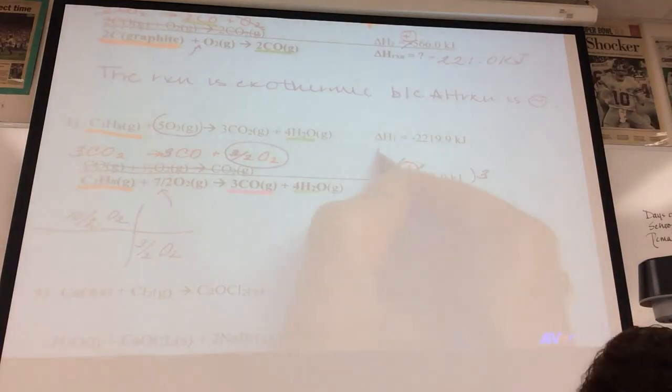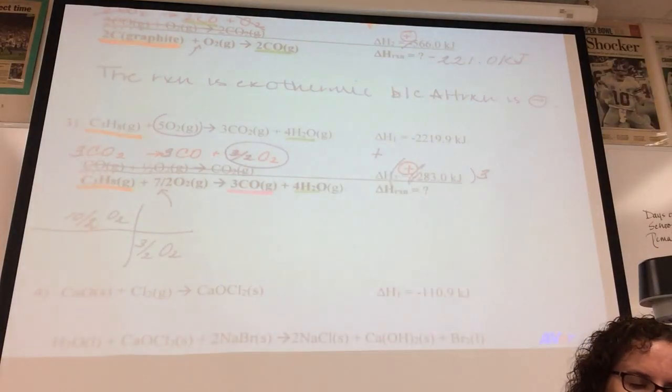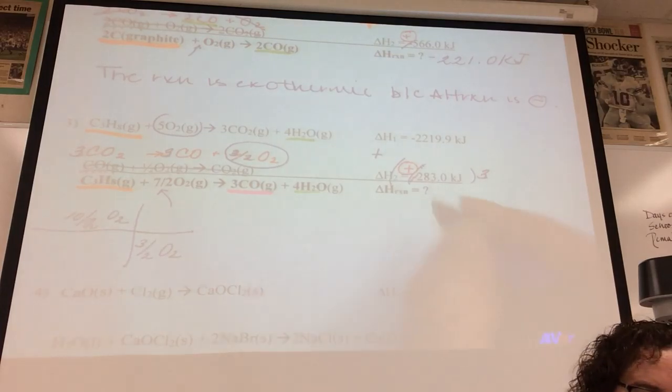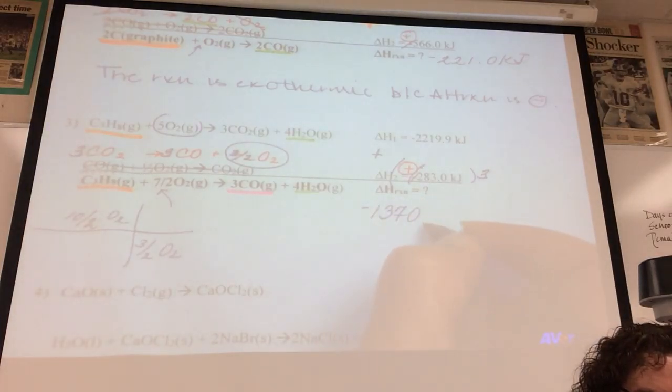And now we can add these 2 together, and we have negative 2219.9 plus 3 times 283, and that is negative 1370.9.